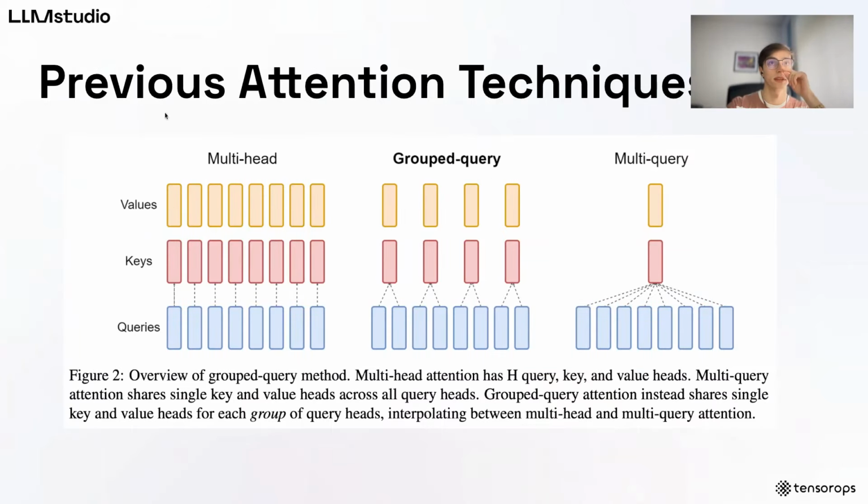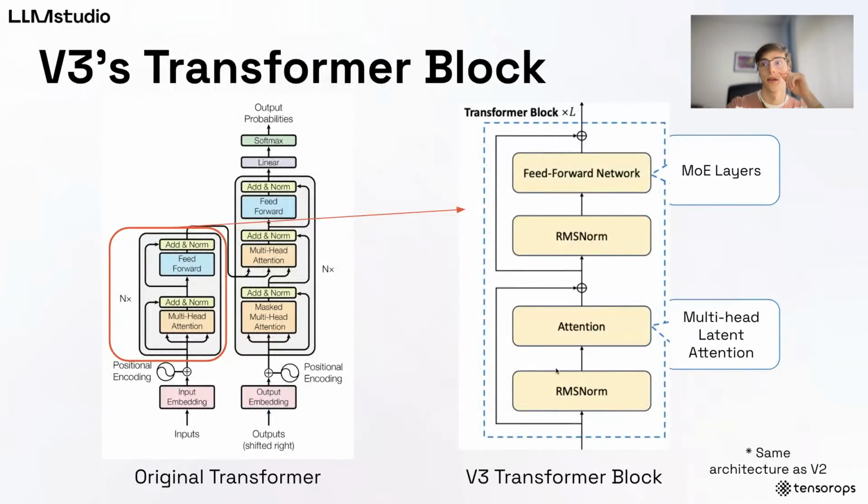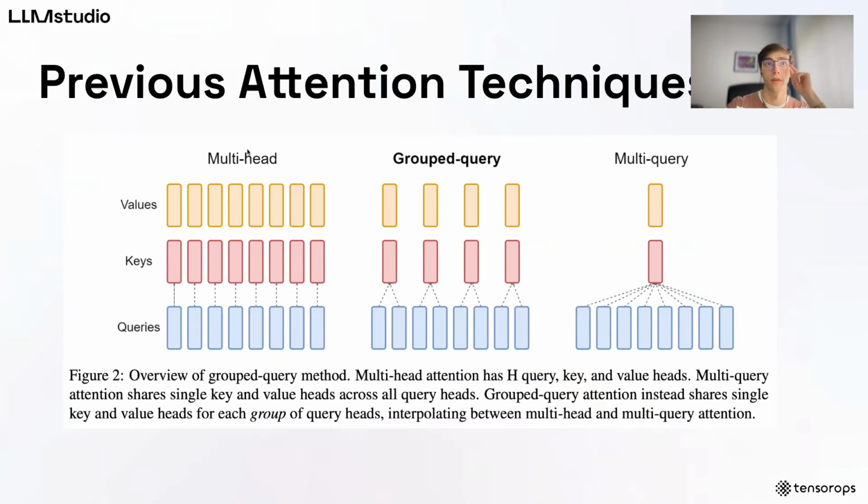So, previous attention techniques. Like I said, we have the multi-head latent attention that they're using. Previously, we had multi-head, where you have the values, the keys, and a query per one. Then you have the grouped query, which I think they also used. Wait, was it in V2? Okay, maybe I'm not sure.